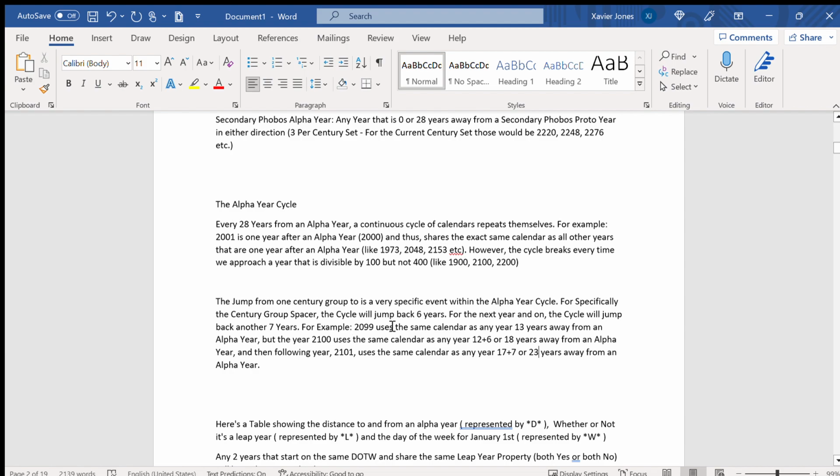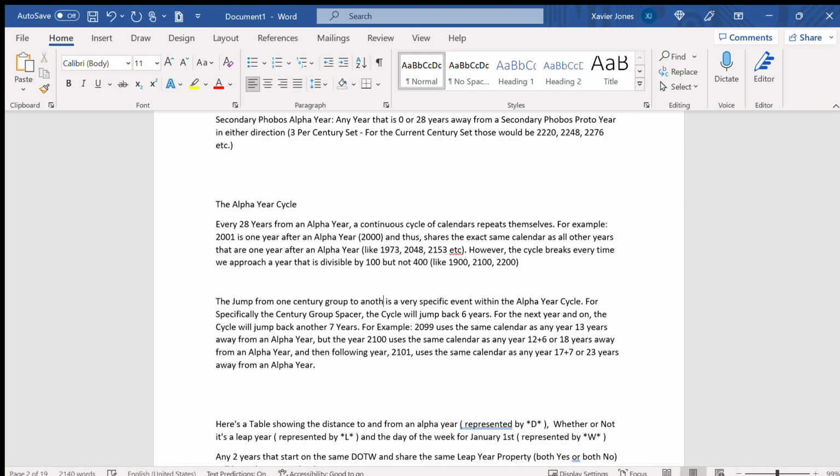The jump from one century group to another is a very specific event within the alpha year cycle. For specifically the century group spacer, the cycle will jump back 6 years. But for the next year, the cycle will jump back another 7 years.